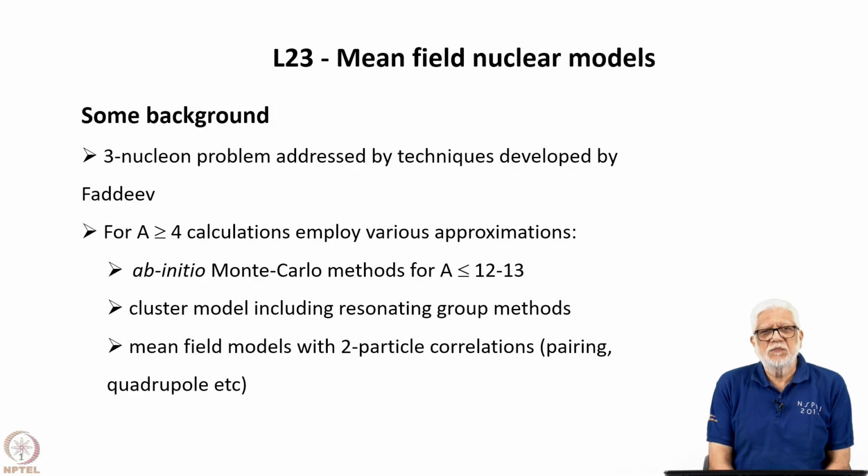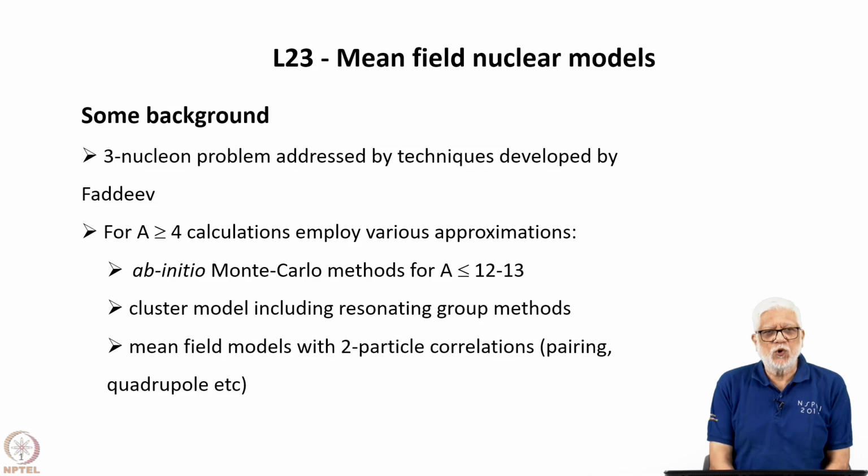The next, three nucleon problem is even more complicated, but approximate techniques have been developed by Faddeev and his collaborators. But if you go further from there, then of course things get even more complicated.